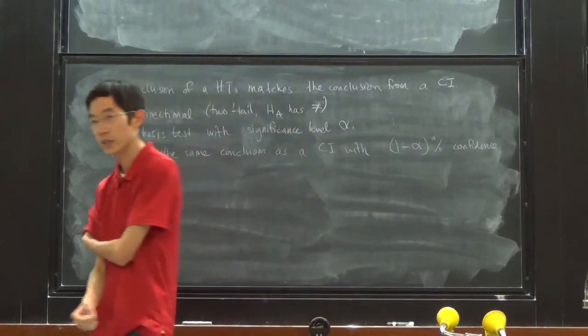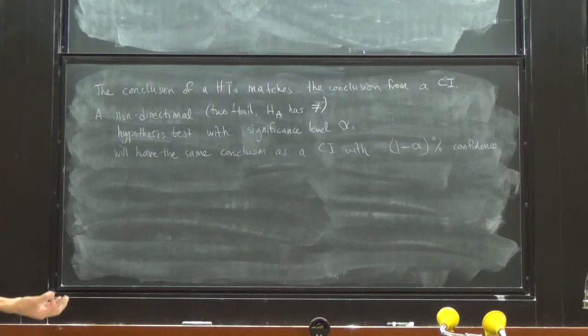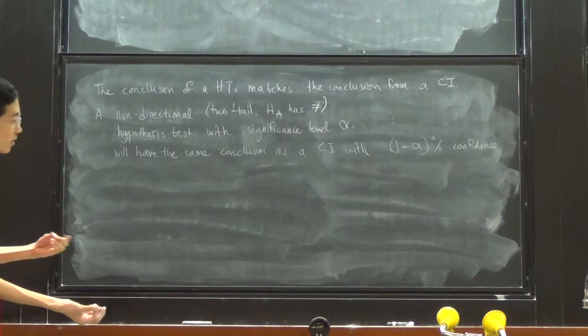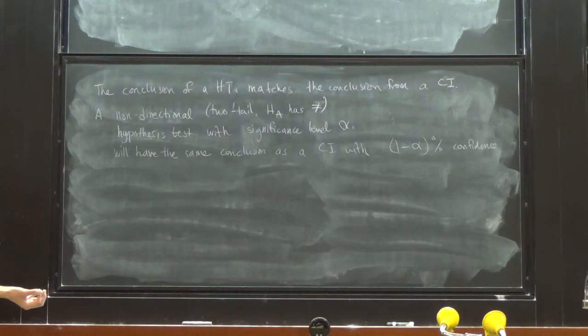So if you do a hypothesis test with significance level 5%, alpha equal to 5%, that's equivalent to doing a 95% confidence interval. Or if you're using alpha of 10%, it's equivalent to what level of confidence? 90% confidence interval. So the conclusions from a 90% confidence interval would match that of a hypothesis test with significance level 10%.